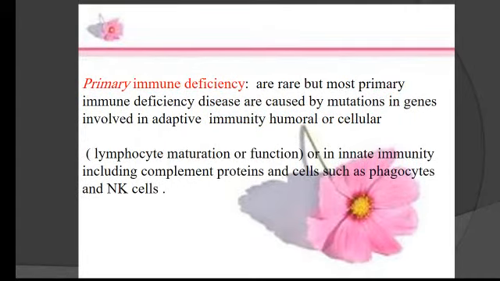The primary immune deficiency. Primary immune deficiencies are rare, but most primary immune deficiency diseases are caused by mutation in genes involved in adaptive immunity, humoral or cellular.